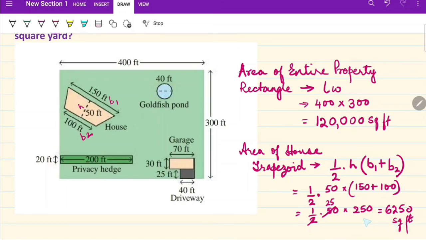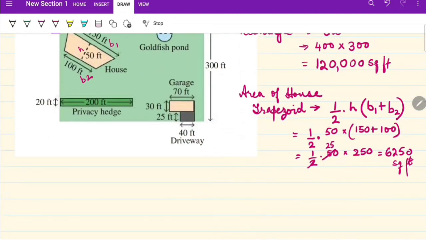So next we will go to find the area of the pond, correct? That has a diameter of 40 feet. It's circular in shape. So we have to take into consideration the formula to find the area of a circle. Let's write that here.